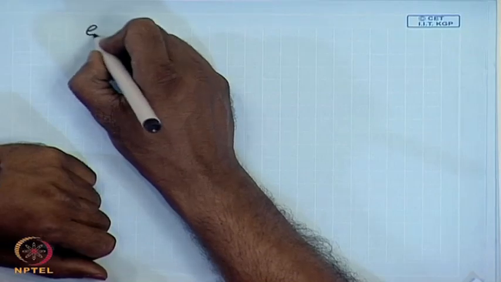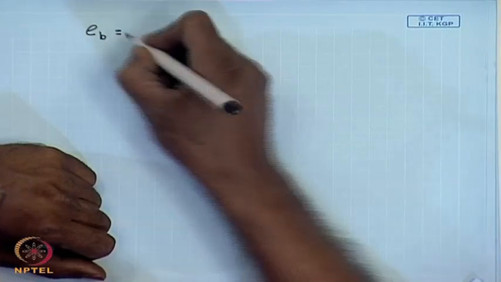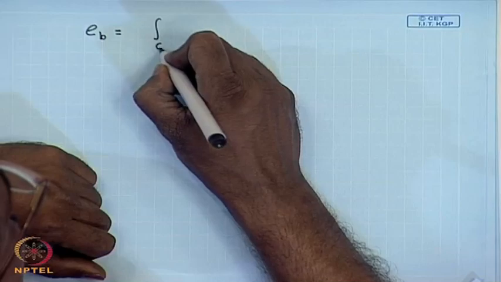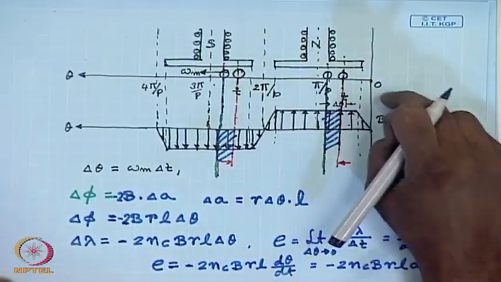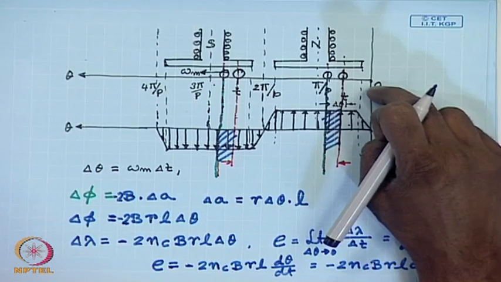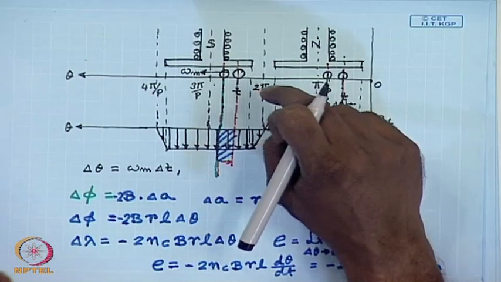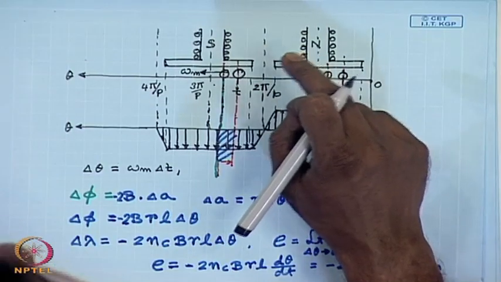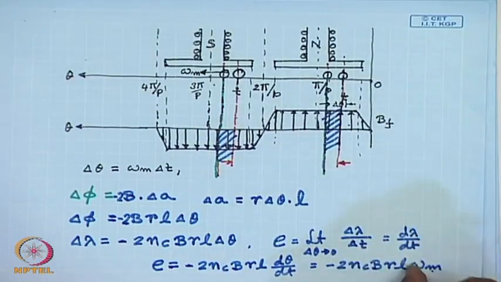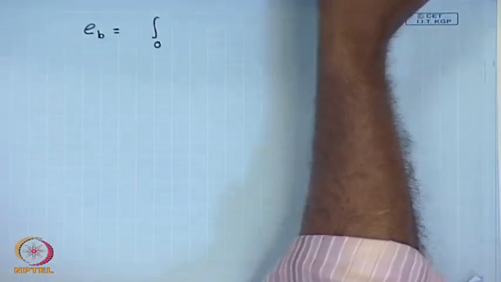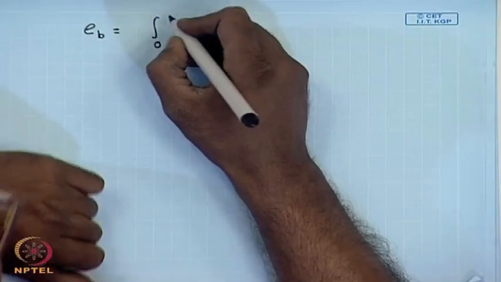Therefore, the induced voltage between the brushes E b in a practical DC machine can be written as integral 0 to 2 pi by A of E c d theta, because one of the brushes will be at the interpolar region 0, the other will be at 2 pi by p, but the number of coils connected in series between these two brushes will be 2 pi by A, where A is the number of parallel paths.